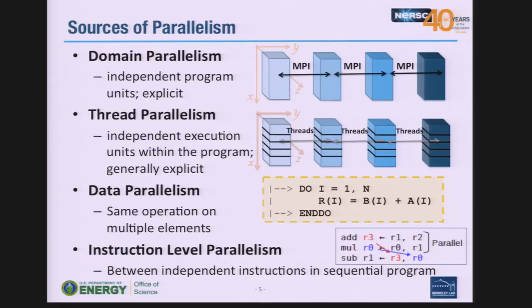The top one, well, you've been dealing with MPI for a long time already, so there's not a big change there. But these two in the middle are things you're going to have to think more about when it comes to advanced architecture. You're probably going to have to add more thread parallelism. And while the compilers can help you with vectorization and getting more data parallelism, you can help by either giving hints or structuring your code in a way that makes it easier.